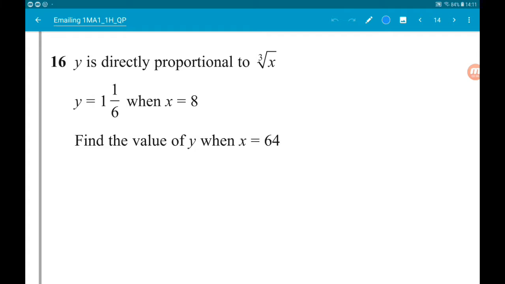first of all, if y is directly proportional to the cube root of x, the first thing we should write is y is proportional to the cube root of x. Now the formula that we're going to use then is y is k times the cube root of x.